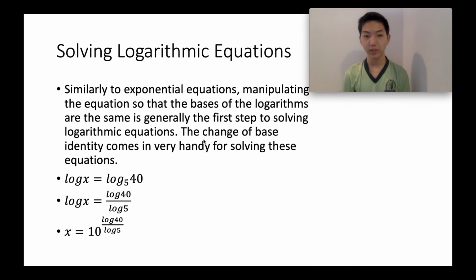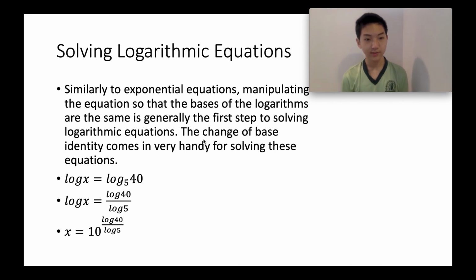Similarly to exponential equations, manipulating the equations so that the bases of the logarithms are the same is generally the first step to solving logarithmic equations. The change of base identity comes in very handy for solving these equations. So for example, if you had log of x equal to log base 5 of 40, remember, we have to try to change the base so it's the same.